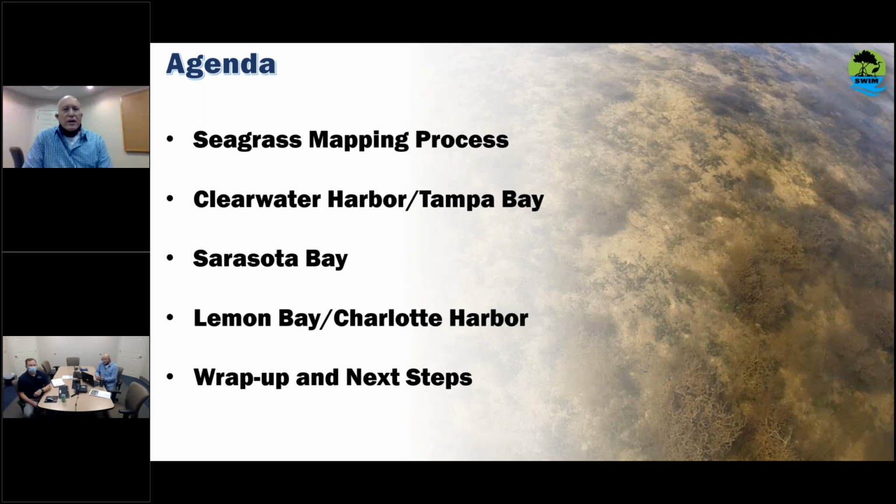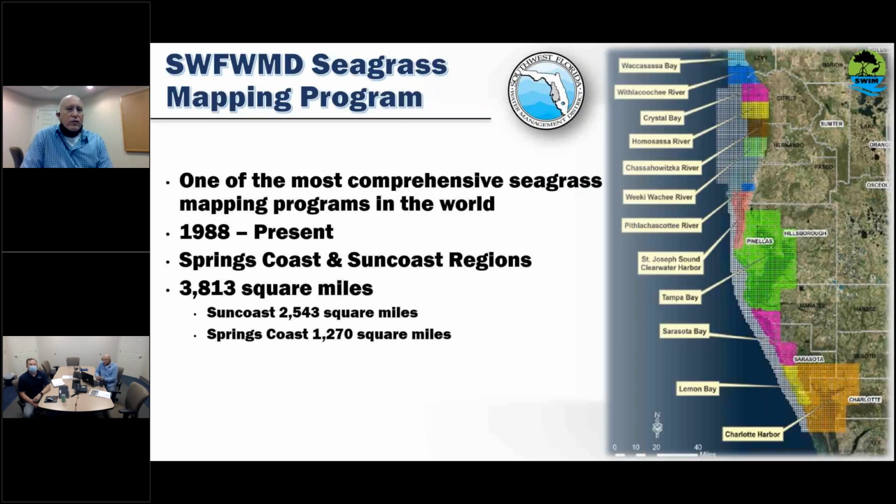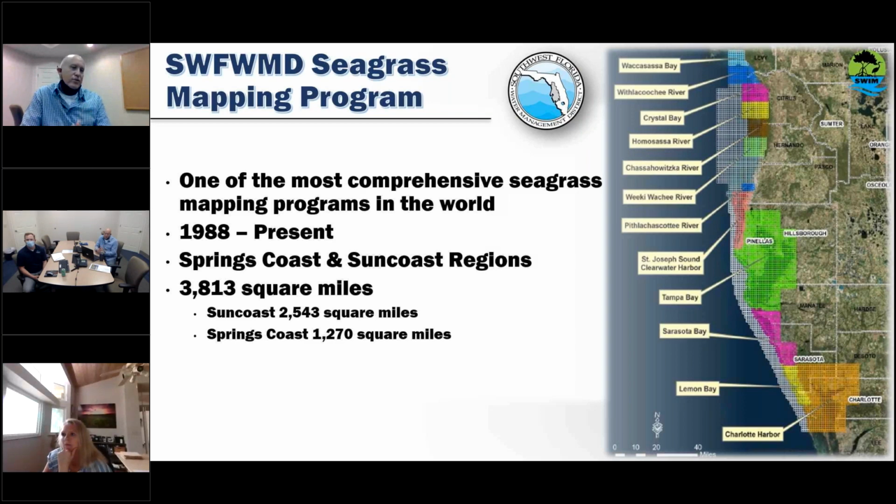So we'll just roll right into the high-level overview of what our seagrass mapping program is. At the district, we've been mapping seagrass since about 1988, and we continue to do so to this day. We have two large areas that we map. We map the Springs Coast, which is roughly from Anclote Key north to Wacasassa Bay, which is near Cedar Key, and then the Suncoast, which is from Clearwater Harbor, Tampa Bay, south to Charlotte Harbor.